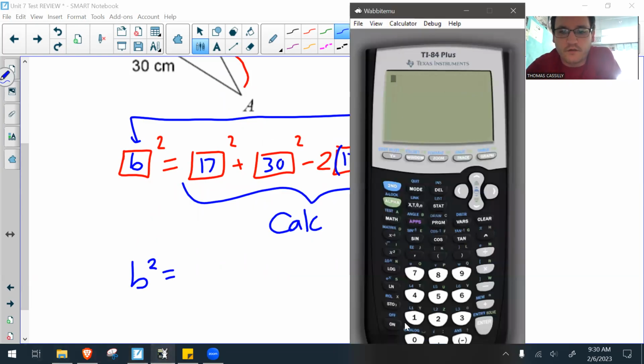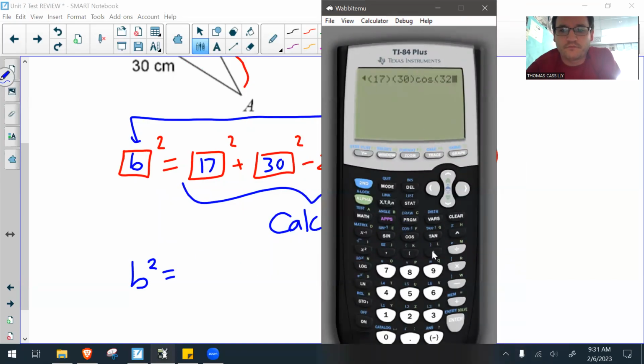Nobody can do this in their head, so we got 17 squared, plus 30 squared, minus 2 times 17 times 30 times the cosine, so use the cosine function, of 32 degrees.